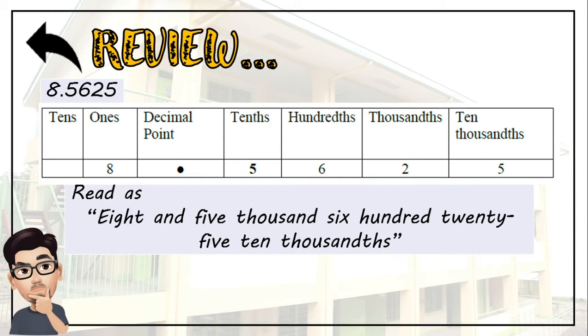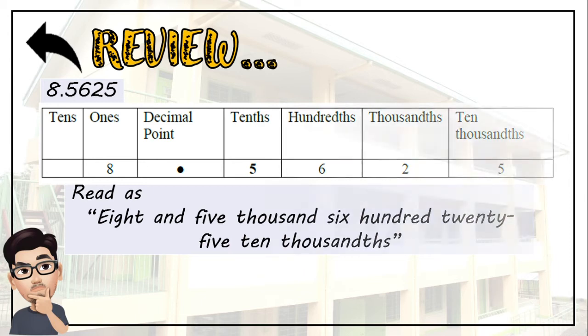So, it is read as 8 and 5,625 ten thousandths. So, you read the whole number as is, then you read the decimal point as "and", tapos i-read mo yung decimal as a whole number, then last mong babanggitin ay kung ano yung place value nung nandun sa pinakadulo ng decimal part. Okay, so this is read as 8 and 5,625, then the place value ten thousandths.